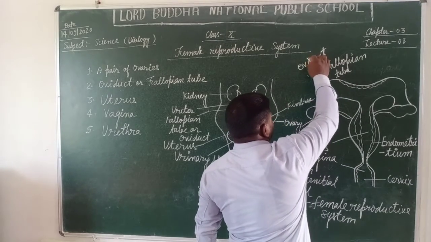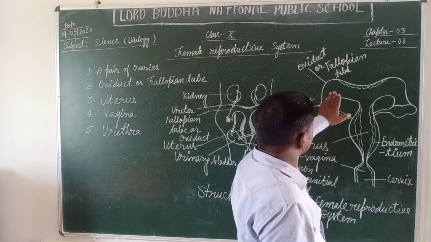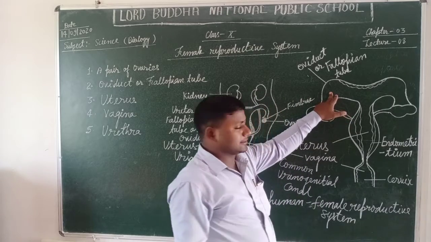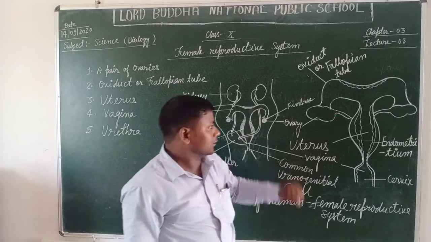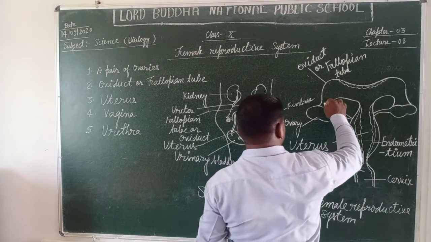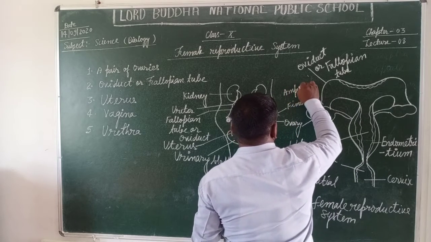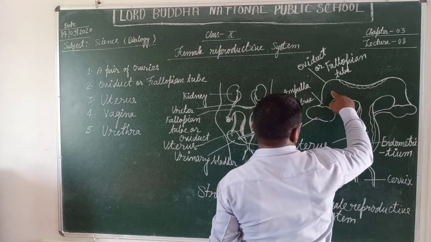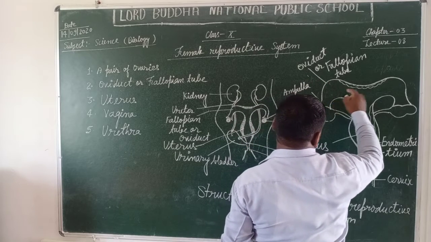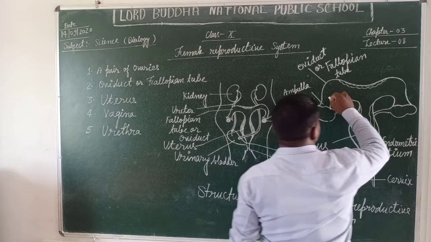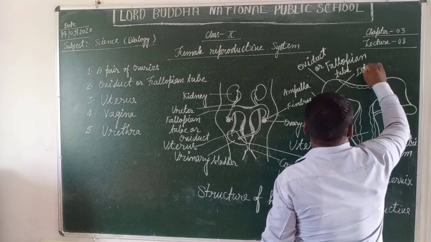The oviduct is about 10 centimeter long. It is divided into 3 parts. This is the first opening part, called ampulla. This is the narrow part, called the isthmus.